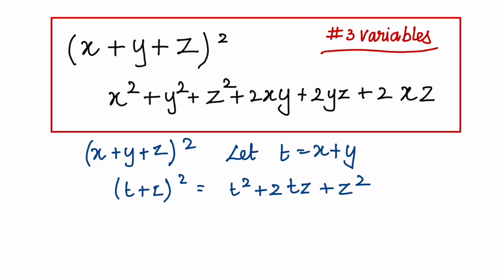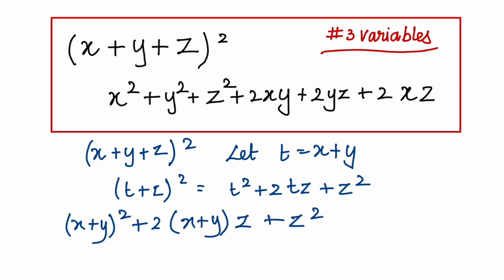(x + y)² is equal to x² + 2xy + y². Instead of x and y, we have t and z. So that is the expansion here. Now you are going to substitute x + y instead of t. So that is going to be (x + y)² + 2(x + y)z + z².